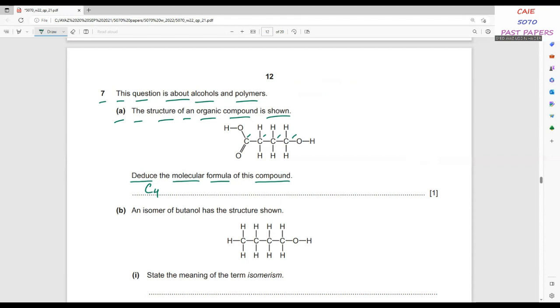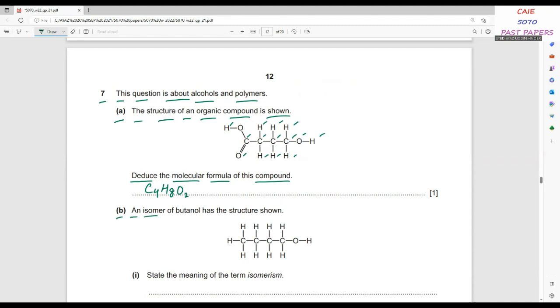Now count hydrogen: 1, 2, 3, 4, 5, 6, 7, 8. Oxygen atoms: 1, 2. So the molecular formula of this compound is C4H8O2.